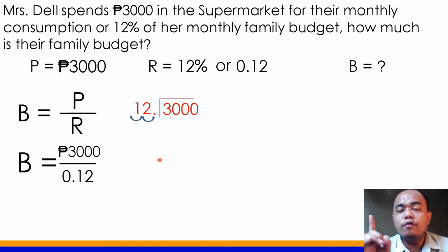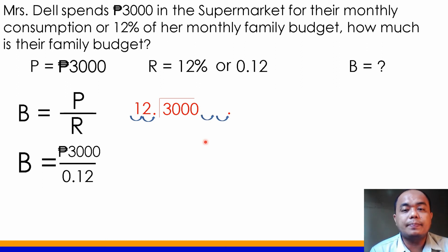Pero kung nag-move tayo to the right ng dalawa, mag-move din tayo to the right sa loob or ang ating dividend. Now, so saan makikita yung decimal point ng whole number na 3,000? Yes, dito siya, class. So this time, let us move this also 2 decimal places to the right. That's 1 and then 2.